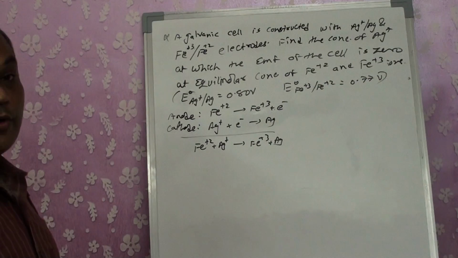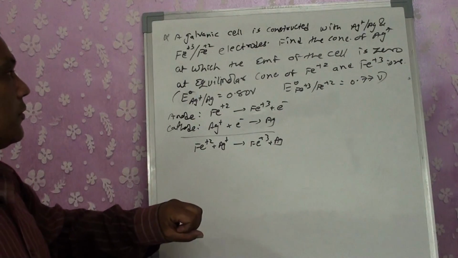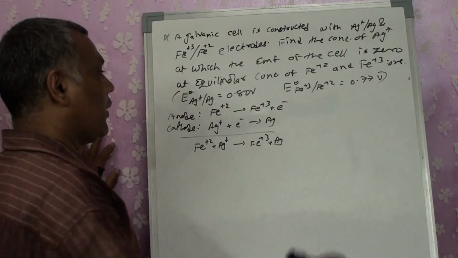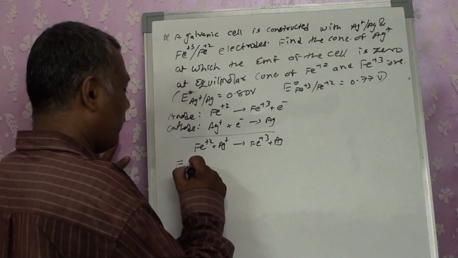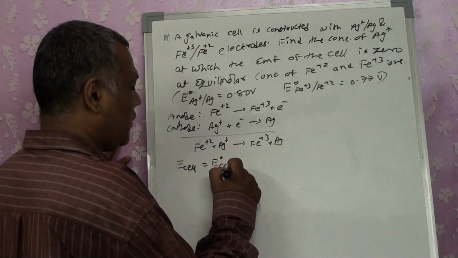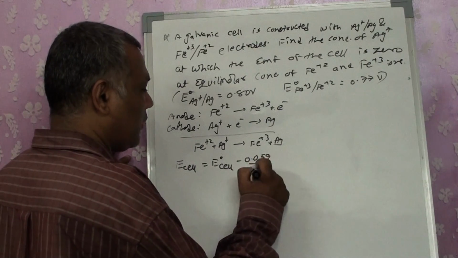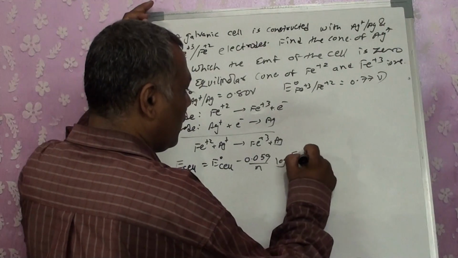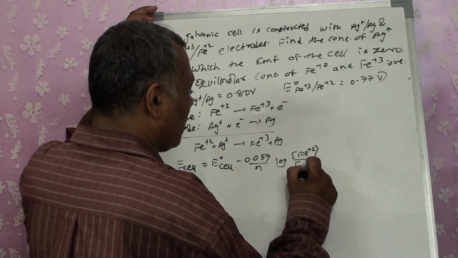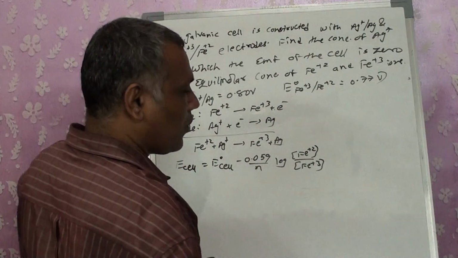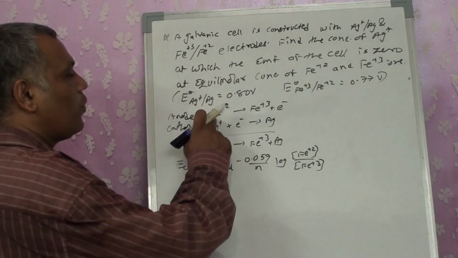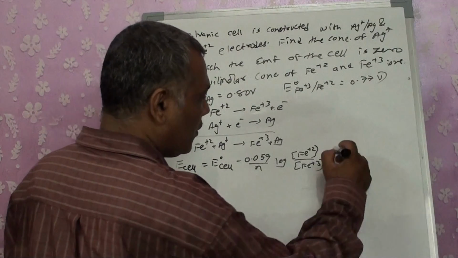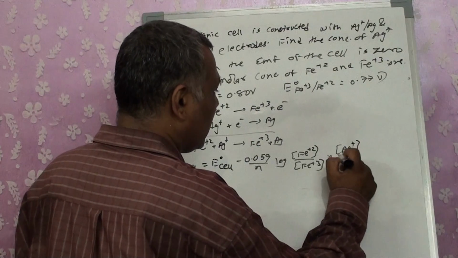Now these are not in the standard condition. It's told to us Fe plus 3 and Fe plus 2 are of the same concentration. So according to this, the Nernst equation first of all will be required: E cell is equal to E naught cell minus 0.059 by n log of Fe plus 2 upon Fe plus 3 for the anode, into Ag plus Ag for the cathode.